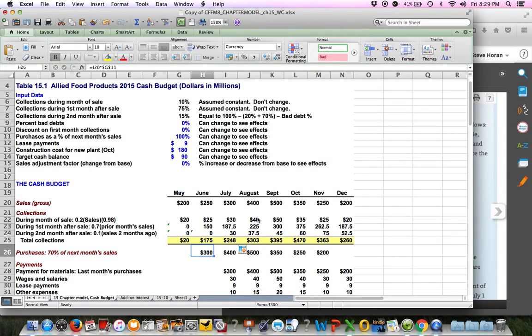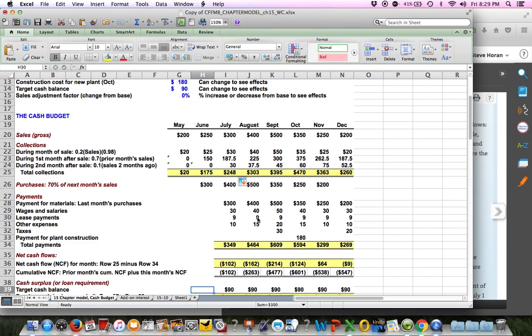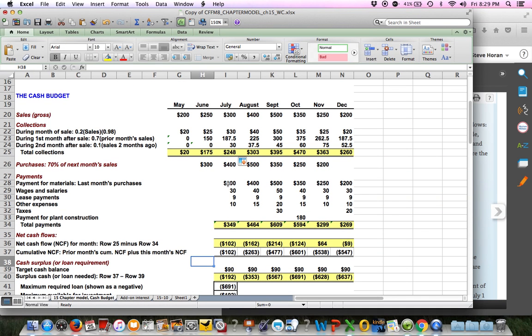Okay, and then just down here, then the various payments. So this right here is the formula that's doing that. It's basically just you just brought that number in, so just make sure you grab the right number. You don't have a wages and salaries because that's already been brought in, but you do have the lease payments.